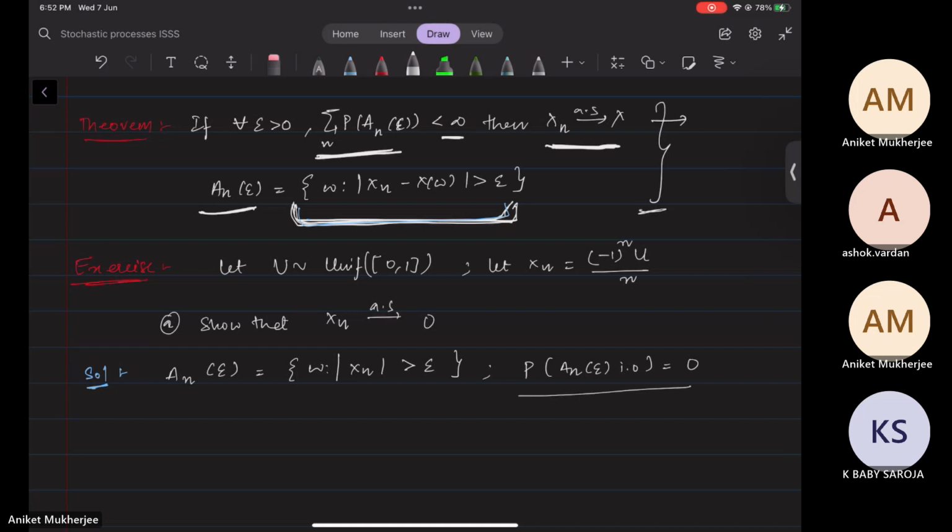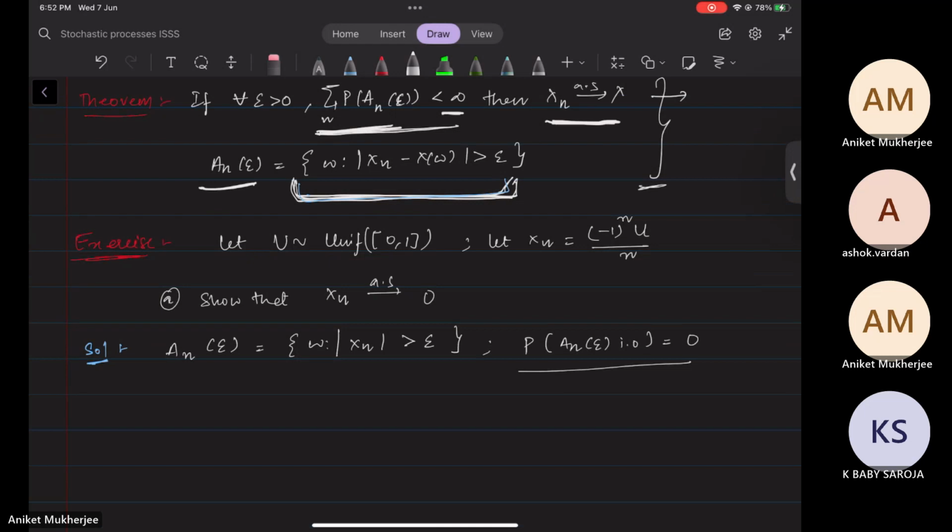If you're able to show this, which is basically saying that the summation is less than infinity, then you can say that Xn is almost surely converging to X. While deriving the Borel-Cantelli lemma, I showed that infinitely often means the intersection over n in the naturals of the union over m greater than or equal to n of the set of omega such that |Xm(omega)| is greater than epsilon.